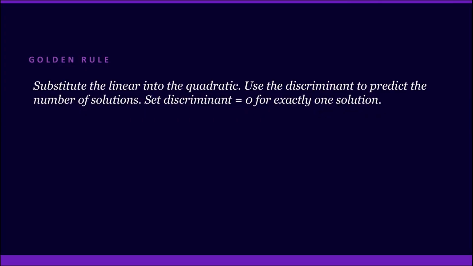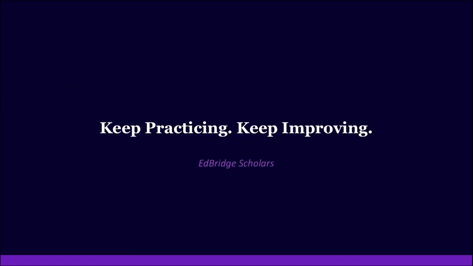So you always want to substitute the linear equation into the nonlinear equation, and then manipulate it to get a polynomial and solve the polynomial. If it's a quadratic, you can use the discriminant to predict the number of solutions. And if you need to find a condition for one of the constants that gives you exactly one solution, you just find that equivalent quadratic equation and set the discriminant to 0. As always, keep practicing, keep improving, and I'll see you in the next video.